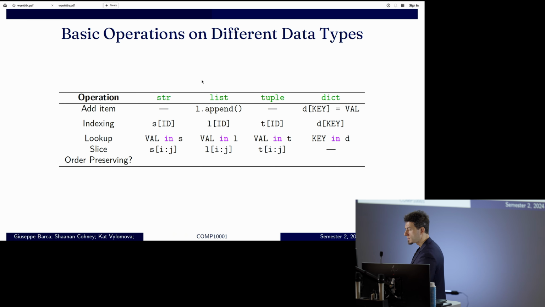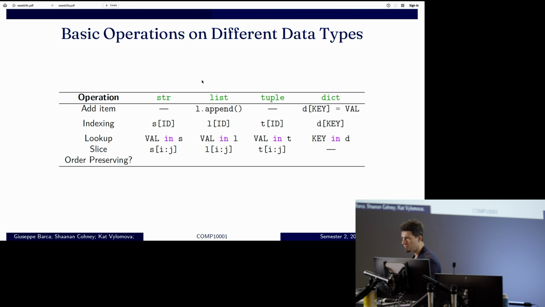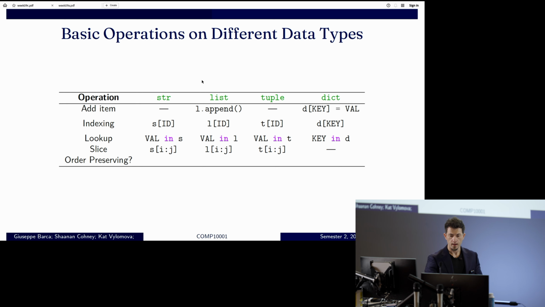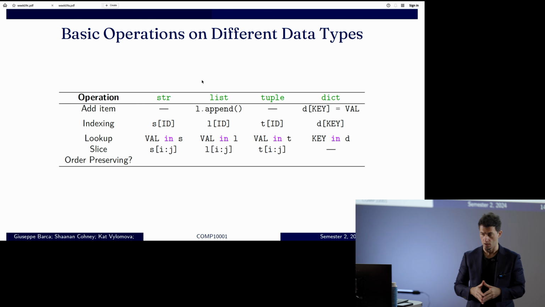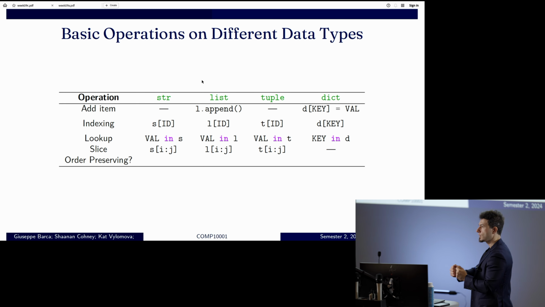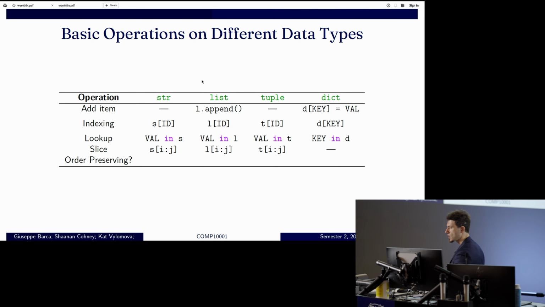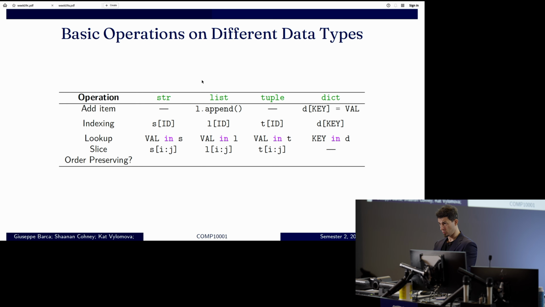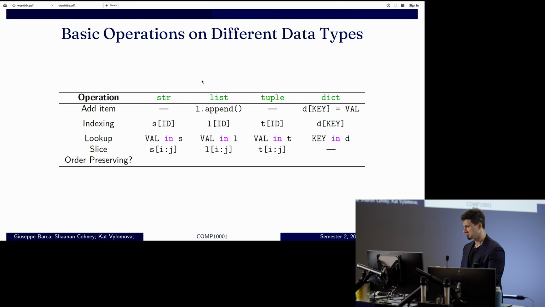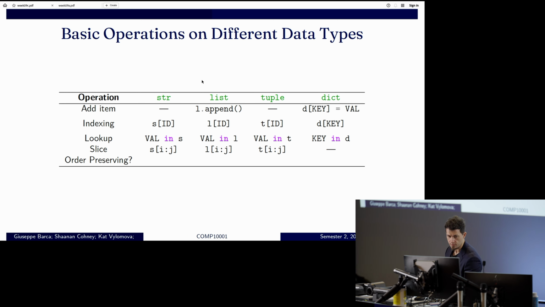Only strings, lists, and tuples support slicing for obvious reasons. And then order preserving, what does that mean? If I insert objects in one of these iterables, does it preserve the order of insertion? For strings, it seems pretty obvious, yes.